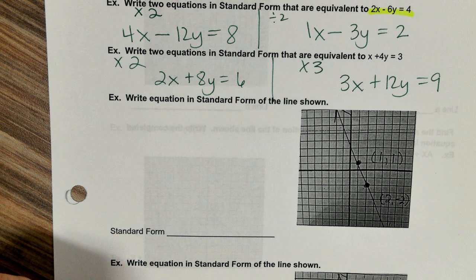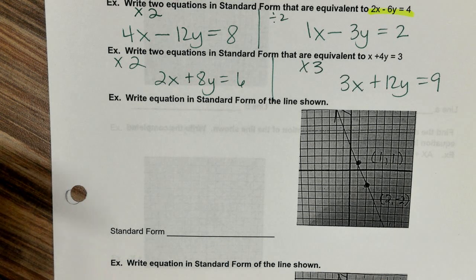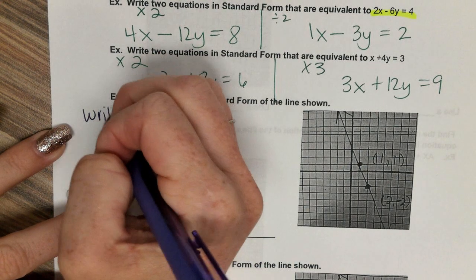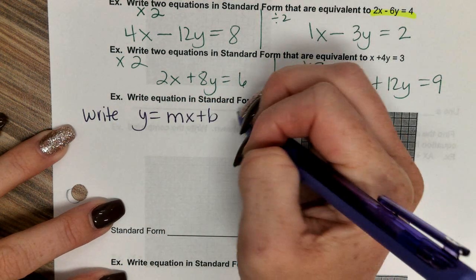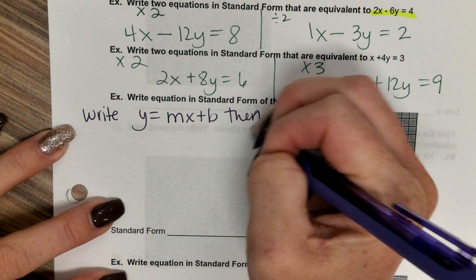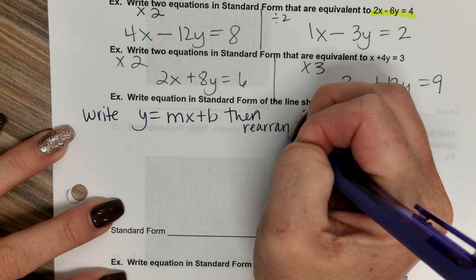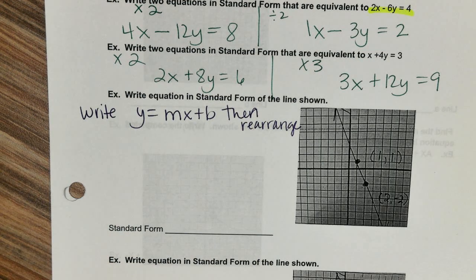And now we're going to learn how to write an equation in standard form. Are y'all ready? All you're going to do is write it in slope-intercept first. So what I want you to do is write it in y equals mx plus b, then rearrange it to standard.